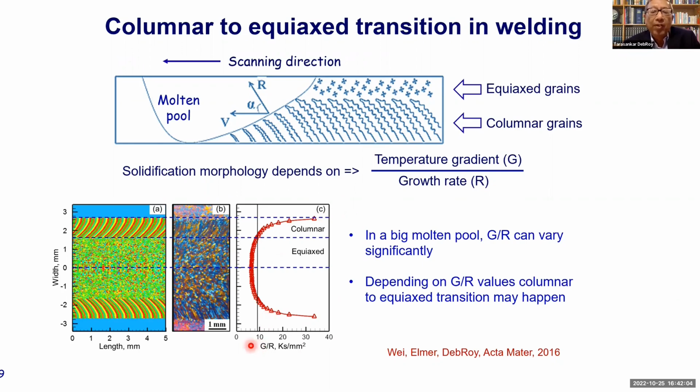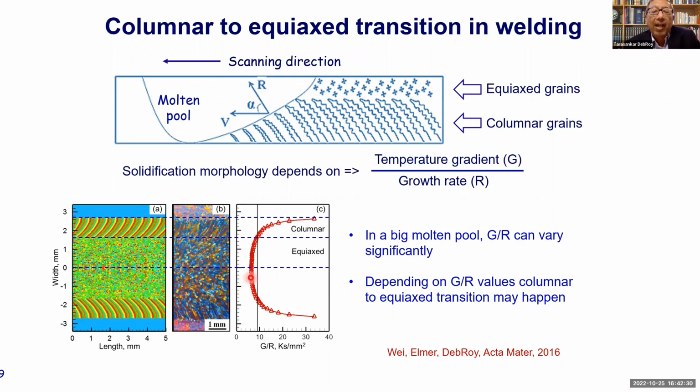And this one shows G by R. G by R is temperature gradient by growth rate. And this is the morphology parameter. It's varying from 0 to 40 here in this scale. And you can see right in the middle, we have a low value of G by R. G by R is this ratio. So we are getting equiaxed grains in the middle.